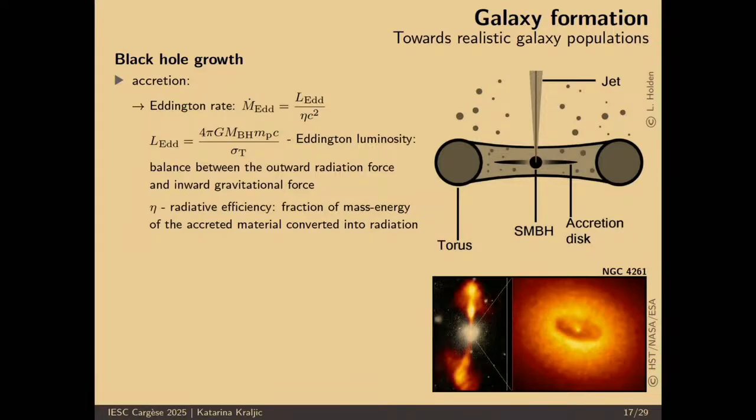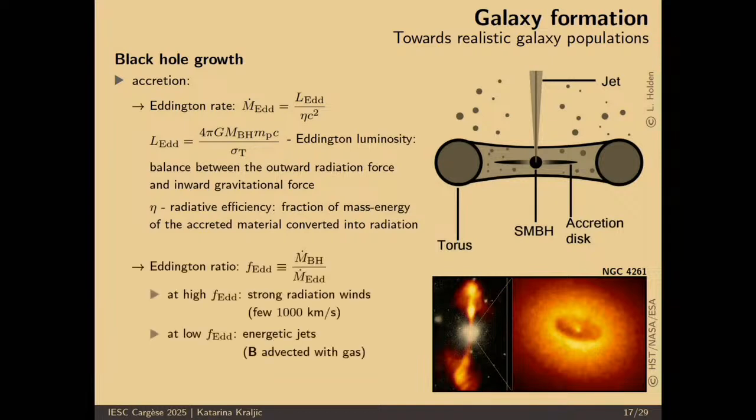You have a basic relation for this Eddington rate. You see it depends on the radiative efficiency and all these details. But the most important thing is that this Eddington ratio, as I said, that is the ratio between the accretion onto black holes and this Eddington rate, will decide what will happen to the gas that is in this accretion disk.